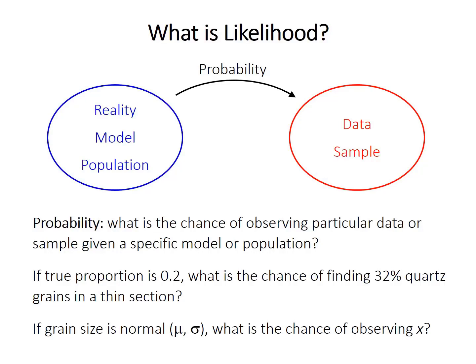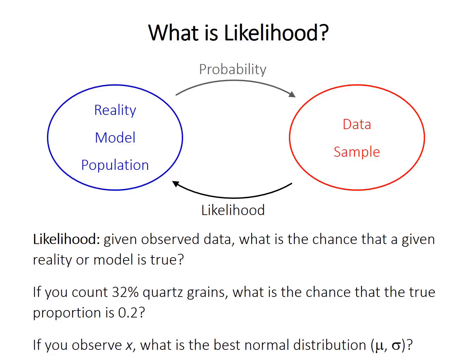So for example, if the true proportion of quartz is 0.2, what is the probability of finding 32% in one particular sample? Or likewise, if grain size has a normal distribution with some known mean, mu, and some known standard deviation, sigma, what is the probability of observing some set of data, x?